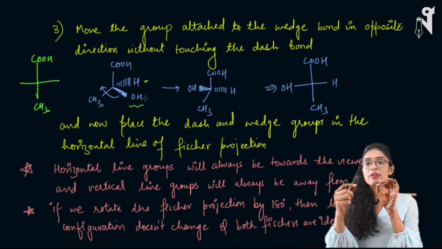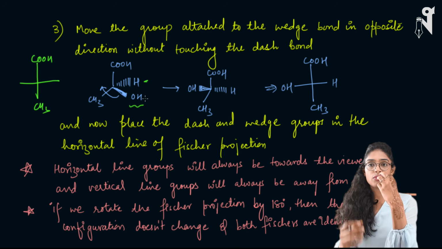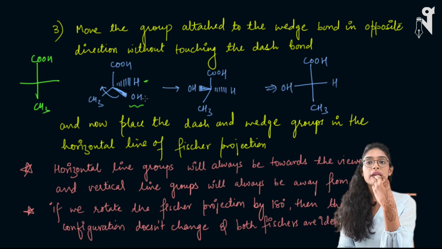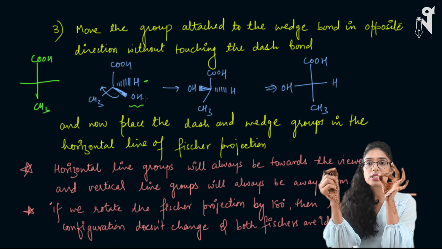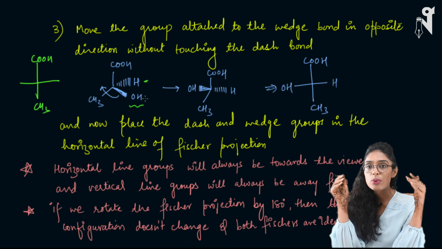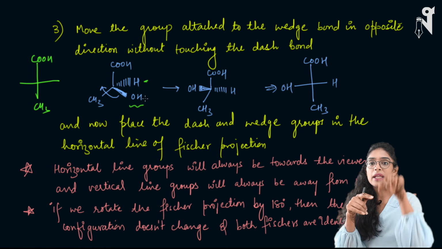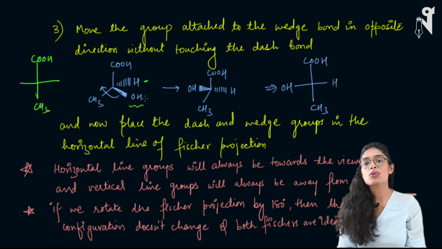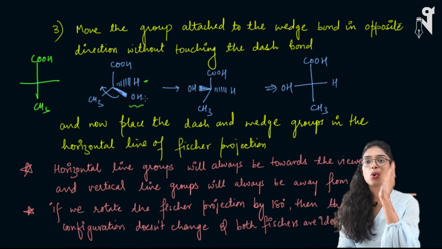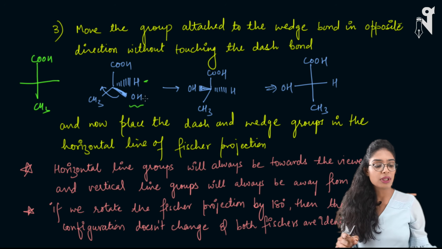I told you, whenever the wedge bond is towards the viewer, we will just tilt the compound, bring both the wedge and dash towards ourselves, and the bonds which were in the plane of the paper will go away from the viewer. So that was something I told you.